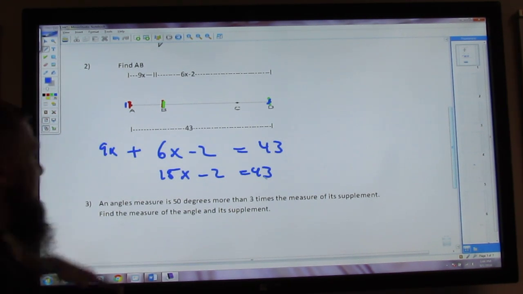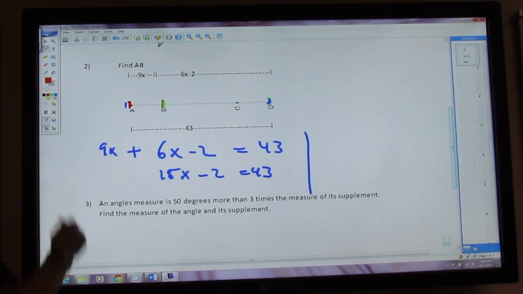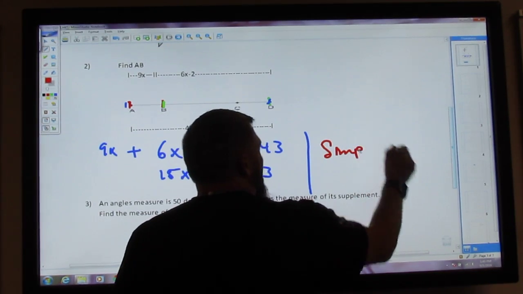Now, what we did there in geometry is combining like terms. So, simplification. Very good.